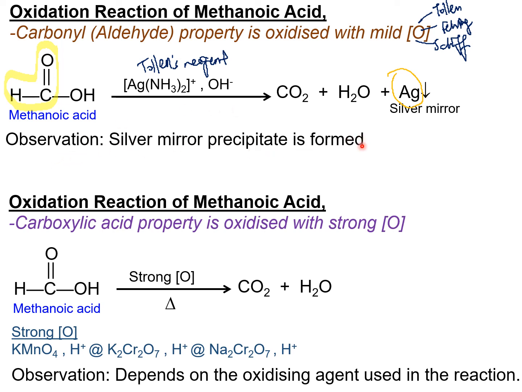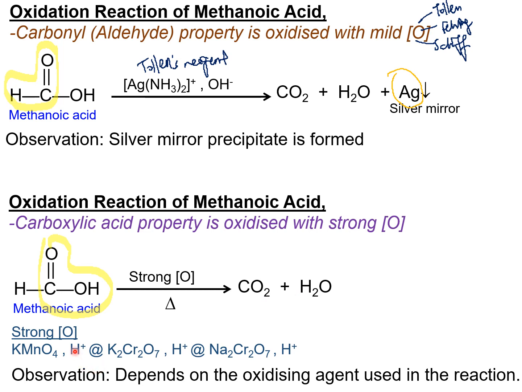Okay, and also yang ni dah memang sasar lah, carboxylic acid boleh react dengan strong oxidizing agent untuk menghasilkan CO2 dengan H2O. Okay, sebab dia memang carboxylic acid. This is the carboxylic acid punya functional group, so dia ada carboxylic acid punya properties. Okay, dia boleh react dengan strong oxidizing agent such as acidified KMnO4 ataupun acidified K2Cr2O7 or acidified Na2Cr2O7 in the presence of heat to form CO2 and H2O.